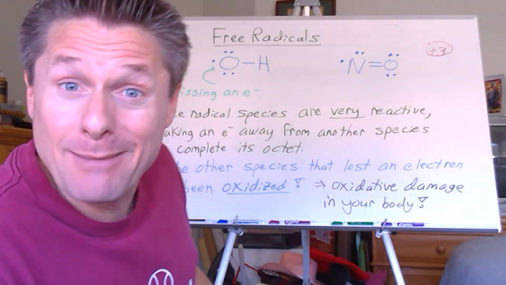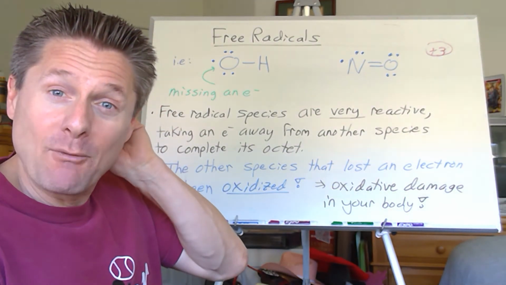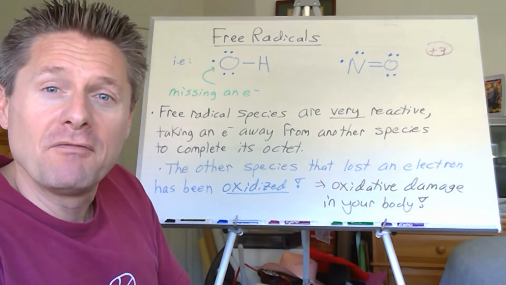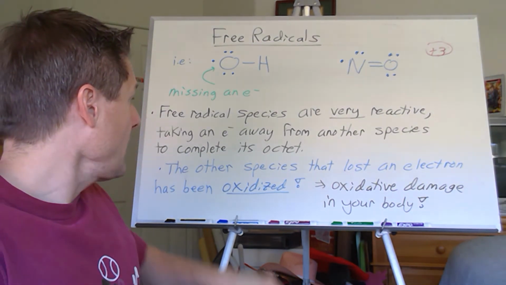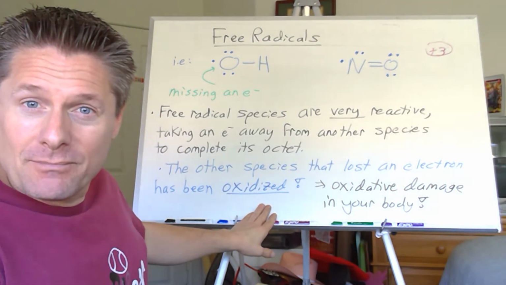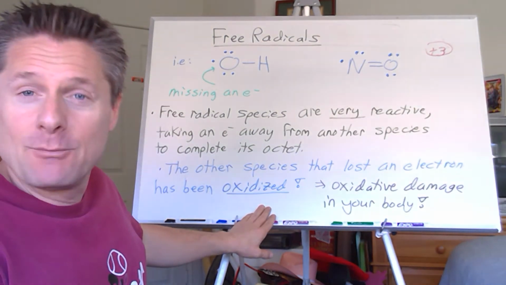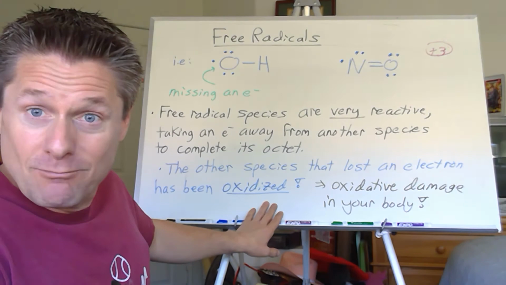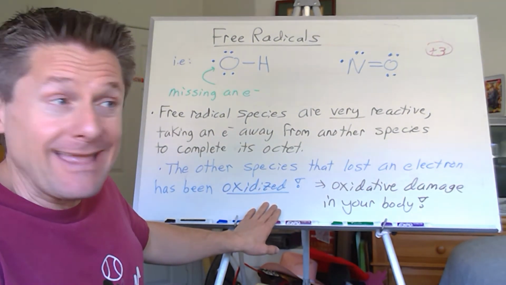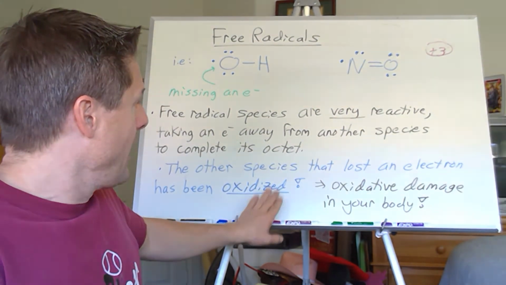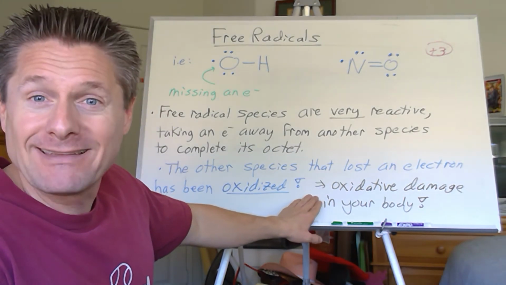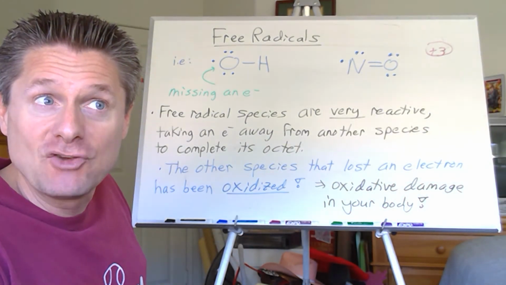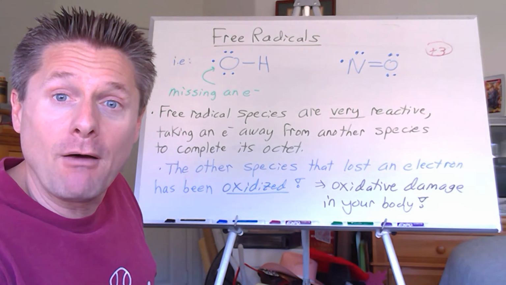Look it up. If that's an interesting thing to you, that would be a fun avenue of research to go down. But if you just want to continue your life and eat what you want to eat and live where you want to live, we can make a logical conclusion based on this: if we could somehow prevent or minimize this oxidative damage, maybe we could live longer and be healthier.